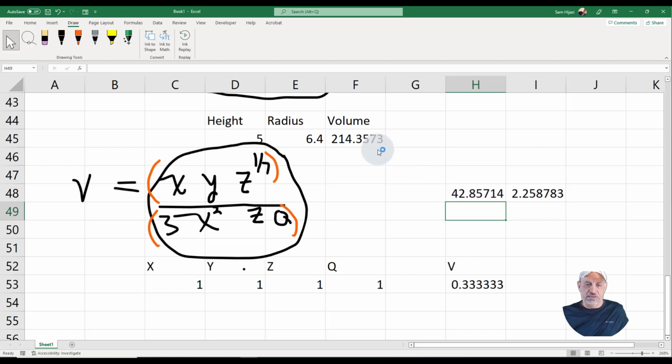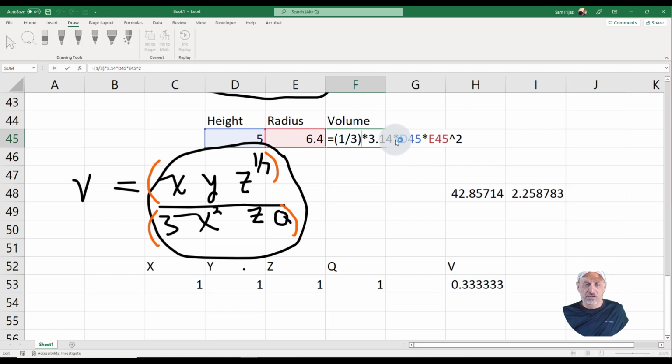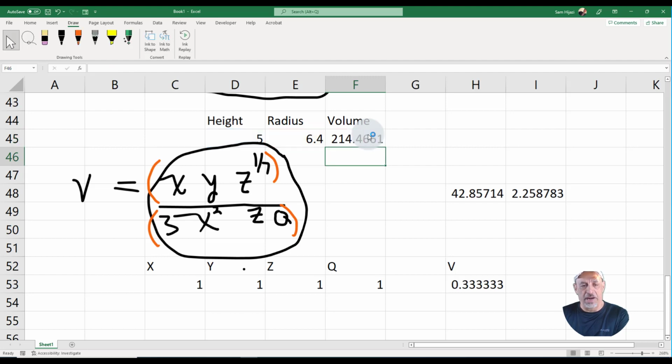And just for the sake of completing my discussion, instead of using the 3.14, I could use a function here. It's called pi. Remember, pi doesn't get anything between the parentheses, and Excel will actually print that value, which is a more accurate value. See, I got here 214.66.